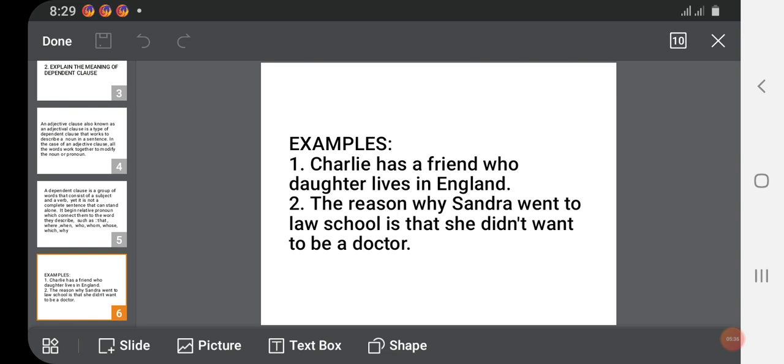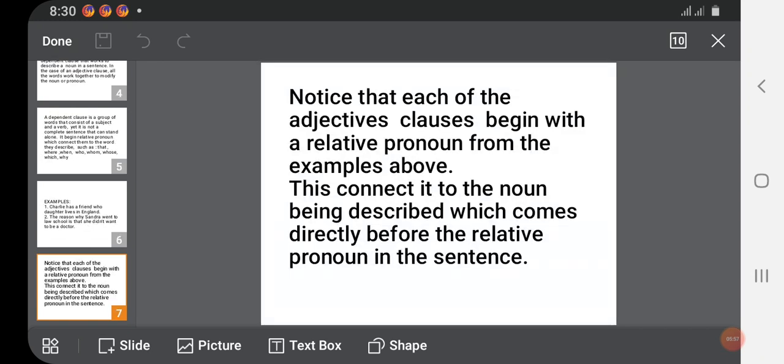The reason why Sandra went to law school is that she did not want to be a doctor. So that there is the relative pronoun.